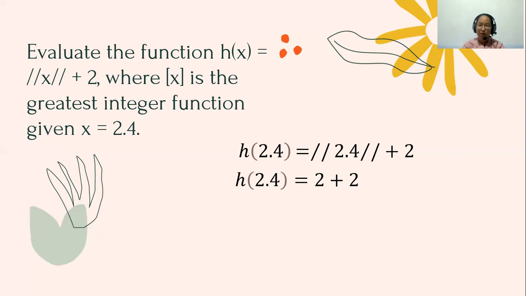That's why h of 2.4 is equal to 2, because that is the greatest integer for 2.4, then the plus 2. Therefore, h of 2.4 is equal to 4. Very simple, isn't it? Any question when it comes to evaluating functions? I hope you find it easy to evaluate functions.